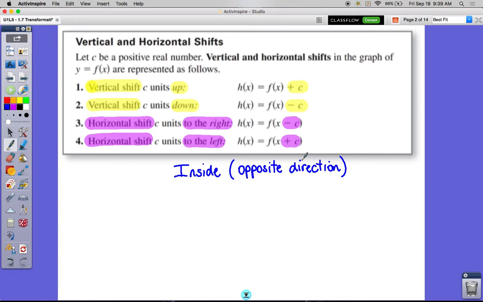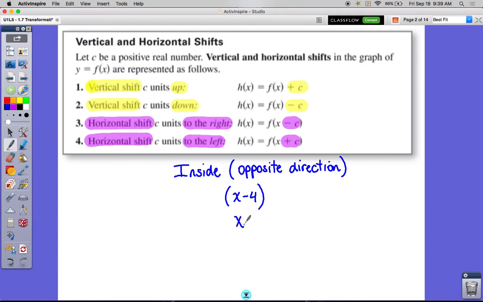Now, when I'm solving an equation, for example, if I see something like parentheses and x minus 4, well, most equations, and especially parent functions, go through 0, 0. So why is it that it says x minus 4, this thing is going to go to the right? Well, let's take a look.